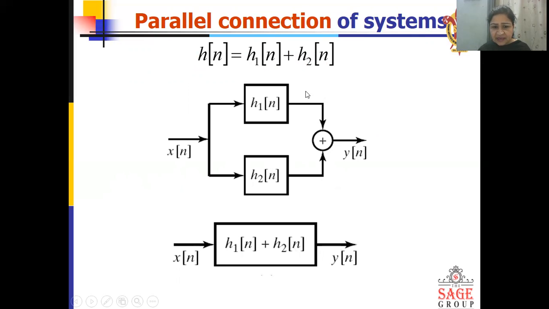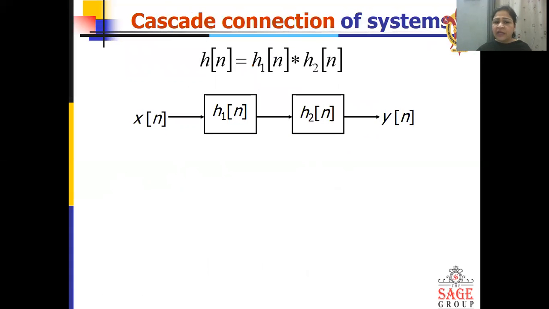That means this parallel combination of two discrete time systems can be represented by one discrete time system whose impulse response is the sum of the respective impulse responses. Now again, if I consider a cascade connection of the systems, say xn is given to one system h1n and the output is given to the second system with unit impulse response h2n, then we will get the final output yn.